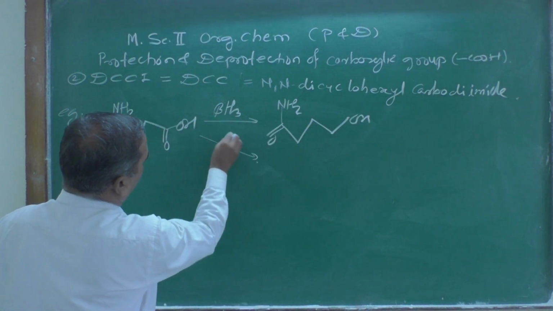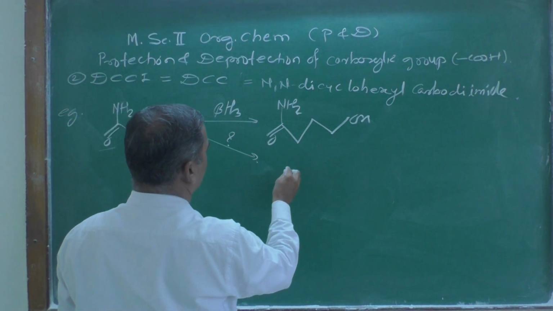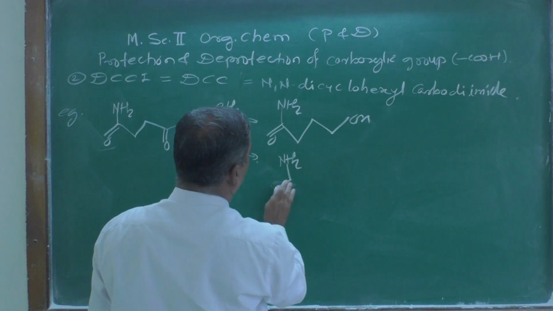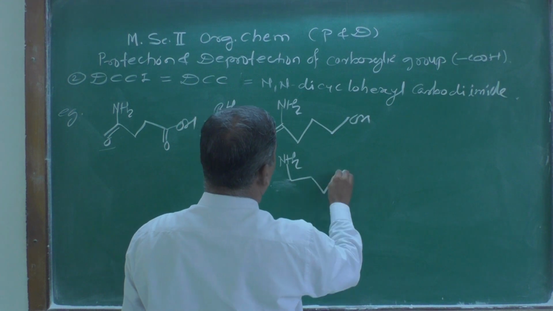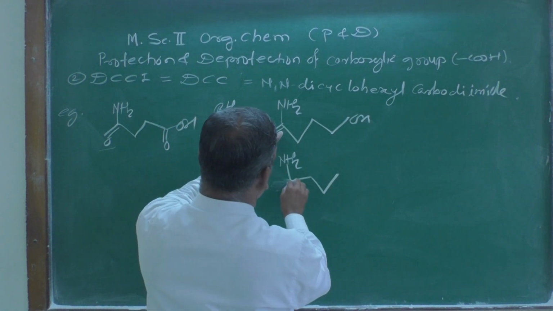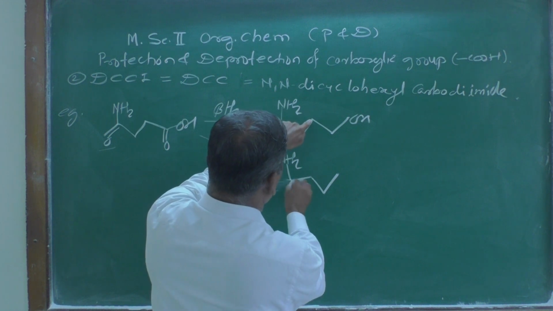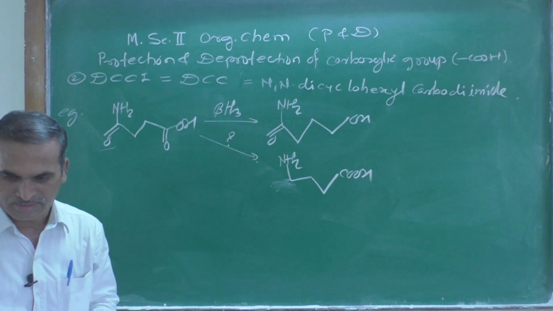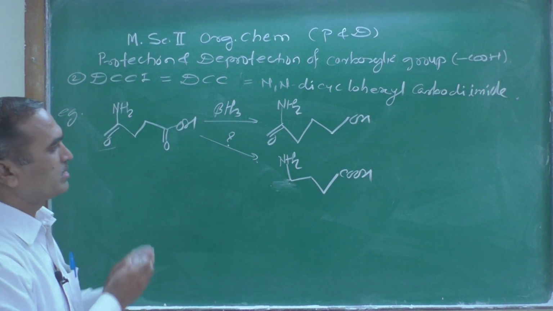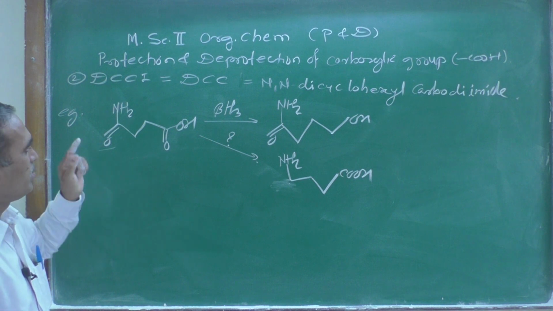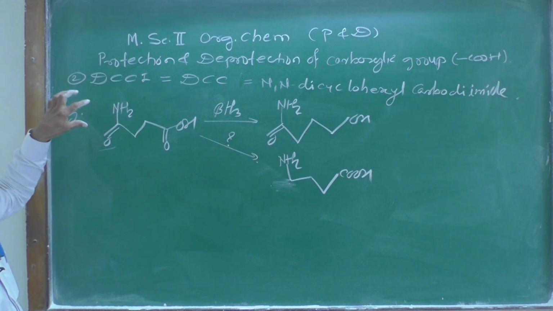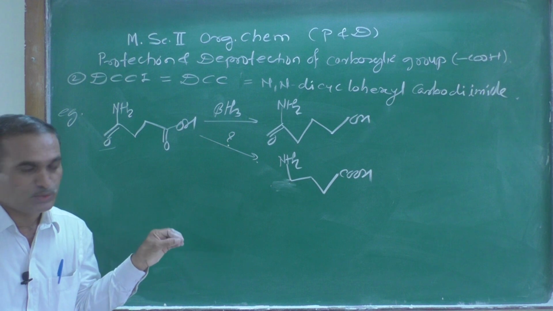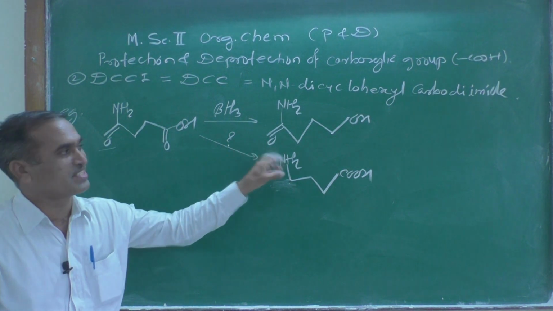But if you use the same reagent and we want to remove that carbonyl group, this way CH2, CH2, CH2, CH2, then COOH, the carboxylic group, we want there, so there is a need to remove this carbonyl group, meaning reduction of the amide group into the amino group, that you have to perform to prepare or synthesize this compound.